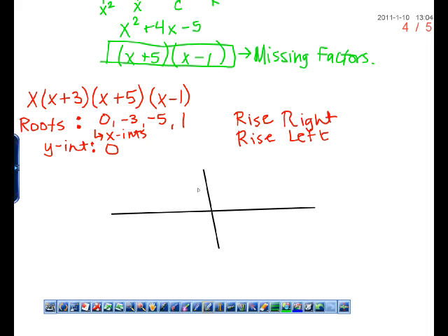All right, so let's mark down our x-intercepts: 0, -3, -5, and 1. Y-intercept is also at 0. To the right, I rise. To the left, I also rise.